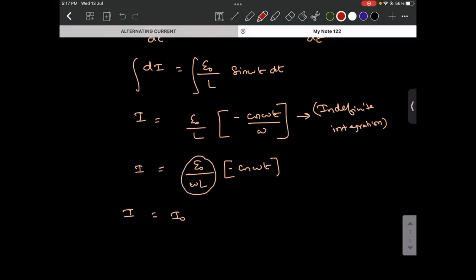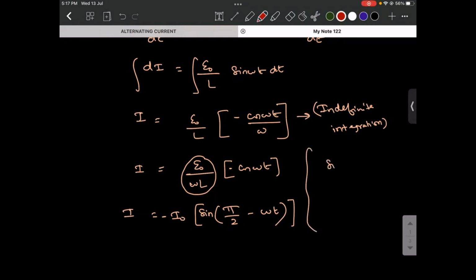Again, we discussed this cos yesterday. Whenever you have cos, if you want to write it in terms of sine, what can you write? You can write sine of pi by 2 minus omega t or sine of pi by 2 plus omega t. In yesterday's scenario, in the capacitor, we wrote it as pi by 2 plus omega t. But in this scenario, you will write pi by 2 minus omega t because you have a minus sign outside. Now, what will happen when this minus sign is sent inside?